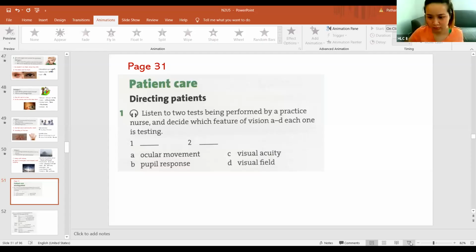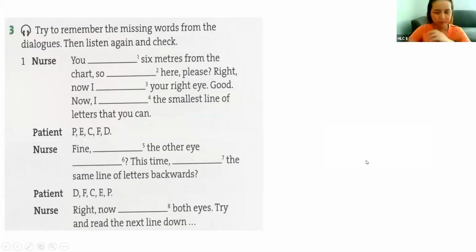Patient care. 1. You need to be 6 meters from the chart. So could you stand here, please? Right. Now I need you to cover your right eye. Good. Now I'd like you to read the smallest line of letters that you can. P, E, C, F, D. Fine.